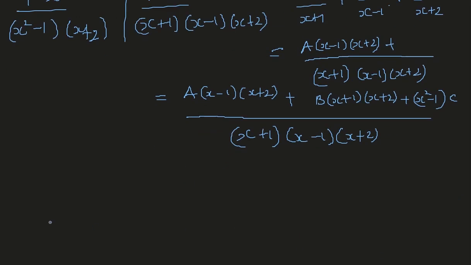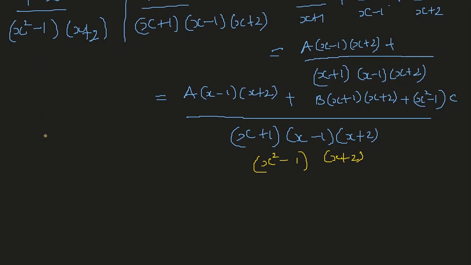Alright, so you can realize that this denominator is actually the same as the denominator on the left hand side. This is a difference of two squares, so it's like x squared minus 1 into x plus 2. Since this is equal to the denominator on the left, we now compare the numerators.